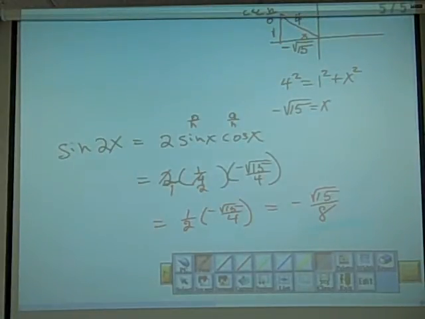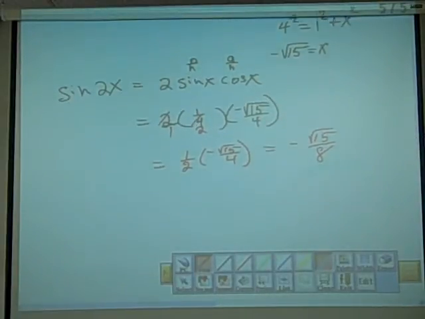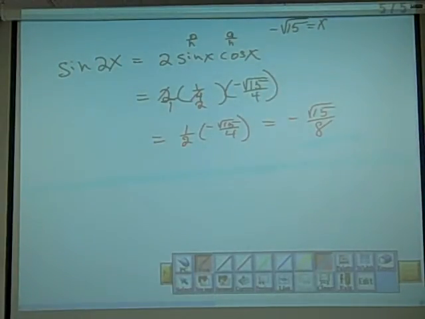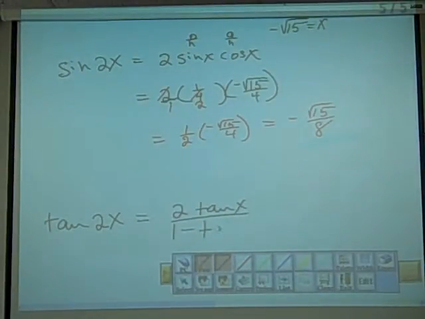Okay? So let's take a look at, we're not quite finished with this one, I don't want to draw the line there yet. Let's look at the same problem, but with tangent 2x. Okay, so tangent 2x, that's 2 tangent x over 1 minus tangent squared x.